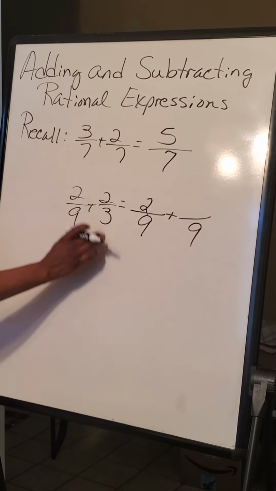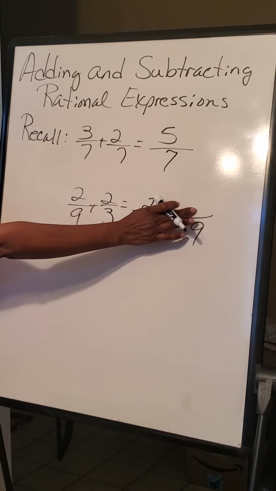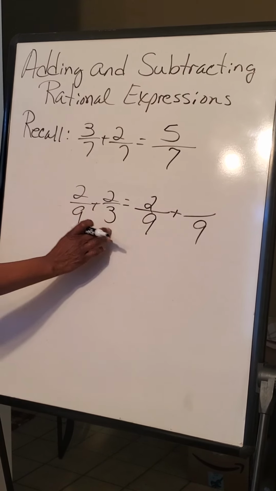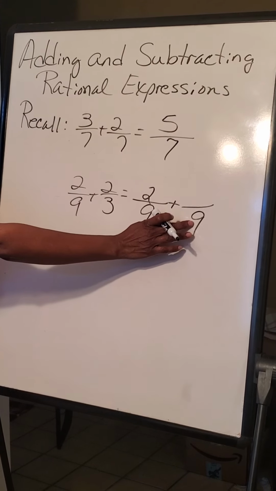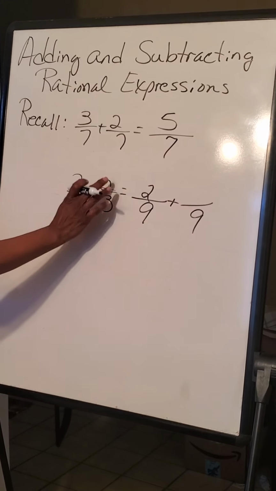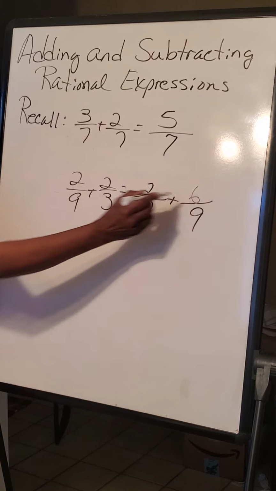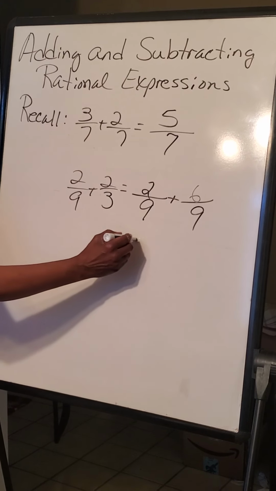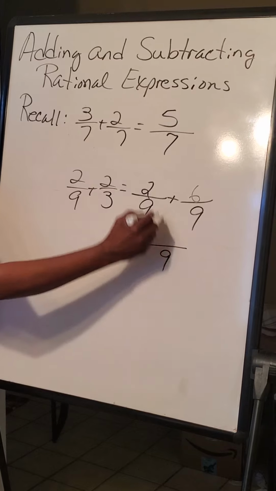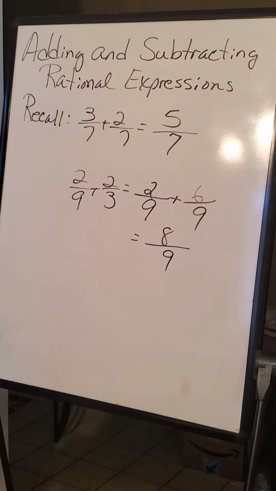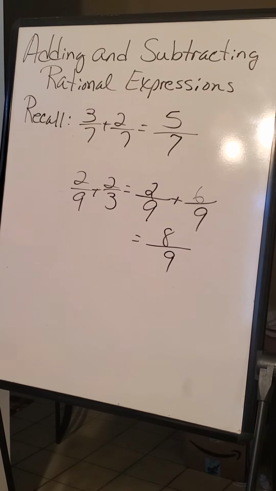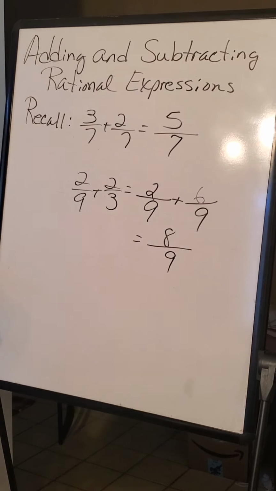But here, since I'm going to get a new denominator, I must get a new numerator. So let's go back and recall how we're going to get that new numerator. You ask yourself, 3 times what would give me 9? It would be 3. So 3 times 2 would give me 6, okay? Now that they have the same denominator, you keep the denominator and you add your numerators. So 2/9 plus 2/3 will give you 8/9 as an answer, just to refresh your memory.